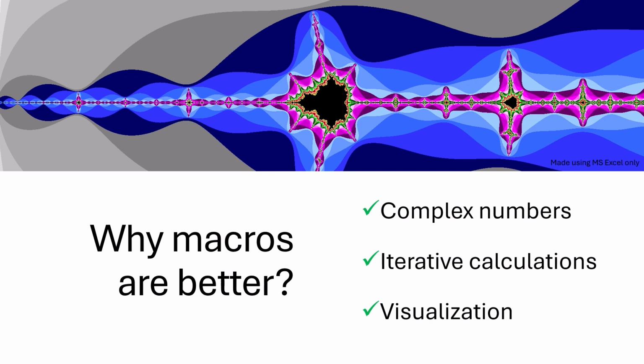The needed iterative calculations are a breeze when we can use loop structures instead of needing to overcome the calculation logic and template for recursive calculations. Visualization will be faster to calculate as we don't need to have thousands of active and heavy formulas. This will help us get results faster and create higher resolution pictures.